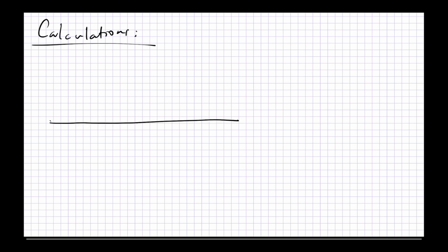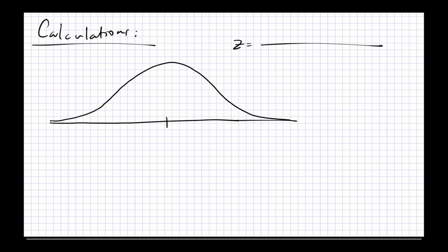Calculations. Okay, so first thing we do, draw a picture. Okay, so what's going to go in the middle? 0.46. The claim always goes in the middle. Our p hat was what? 0.428.